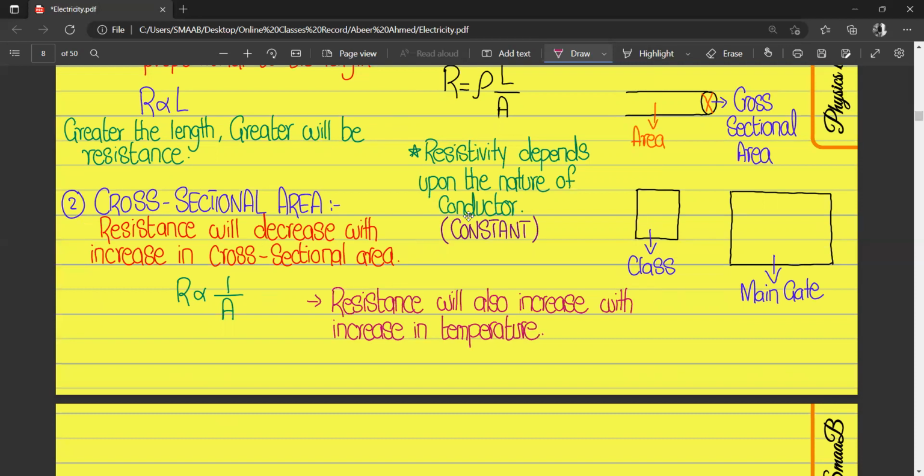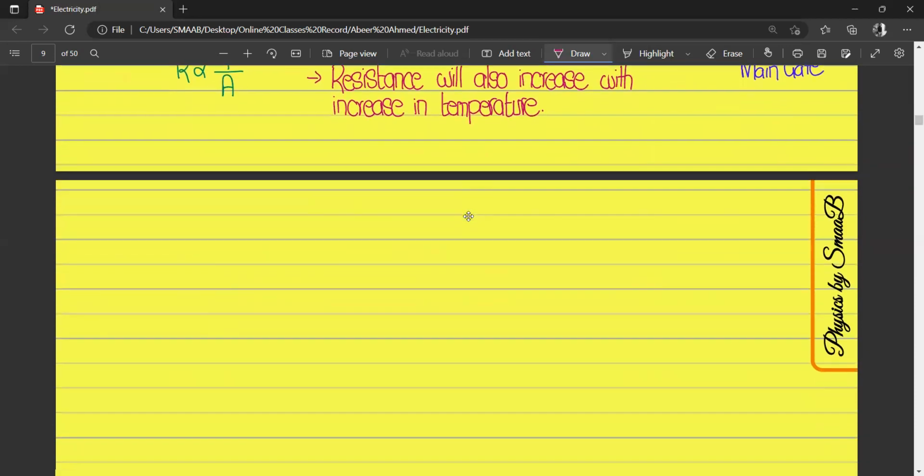Because we know that when we increase temperature, what will happen if we increase temperature? Particles collide more frequently.